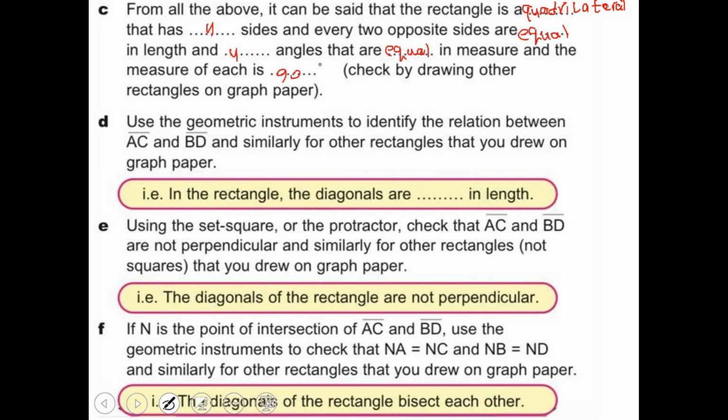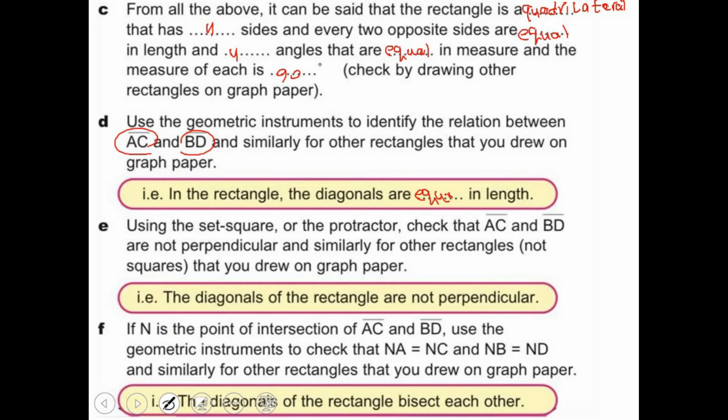Letter D, use the geometric instruments to identify the relation between AC and BD. And similarly for each rectangle that you draw on graph paper. So we deduce that in the rectangle, the diagonals are equal in length.